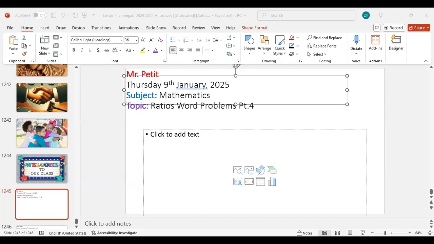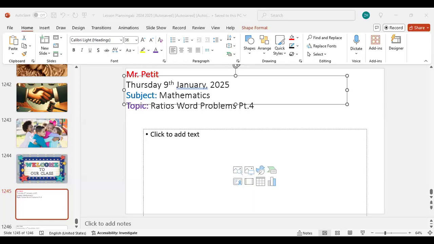Then we have something called the total equal part. What does that mean, and how do we find it? Anyone can answer? The total equal part is both ratios added together.